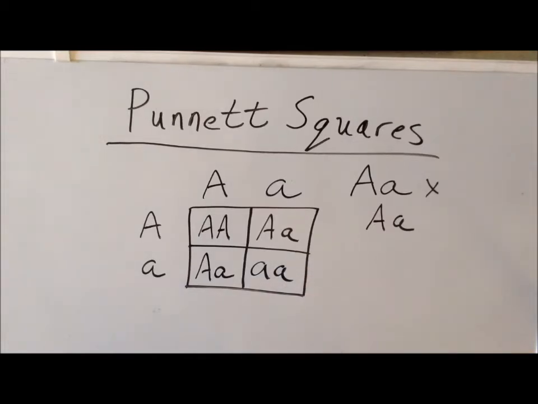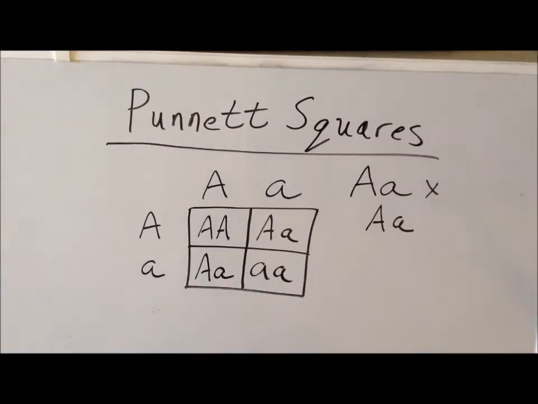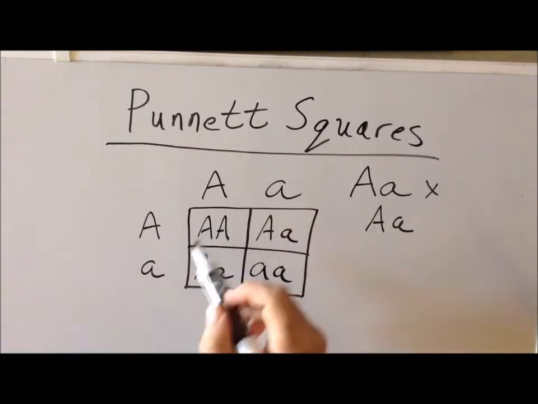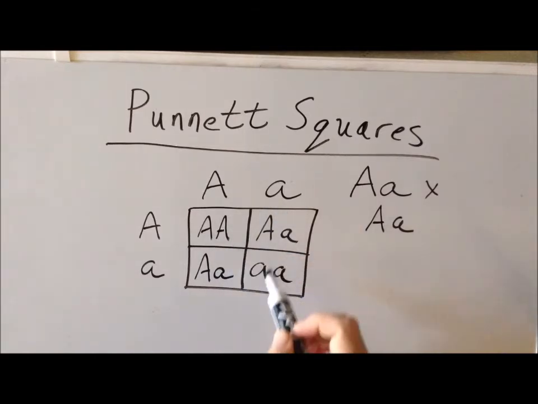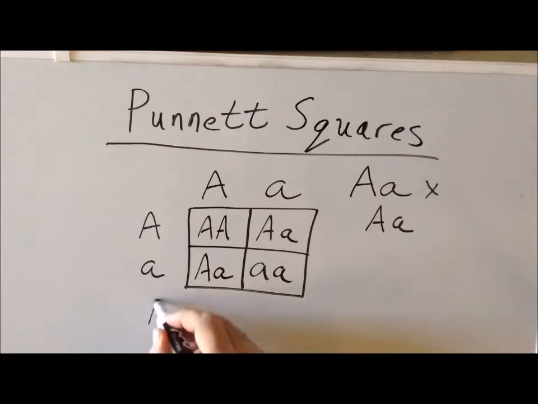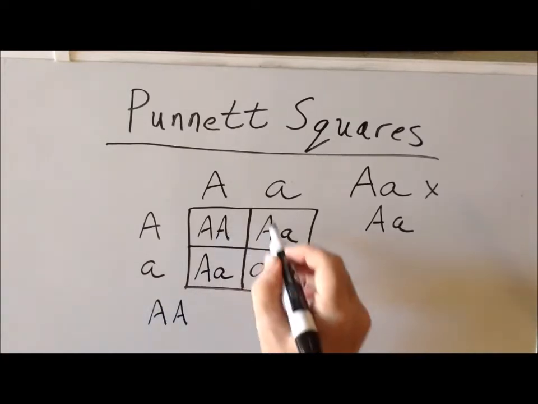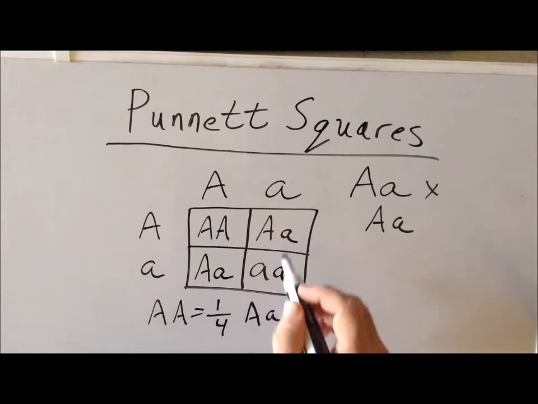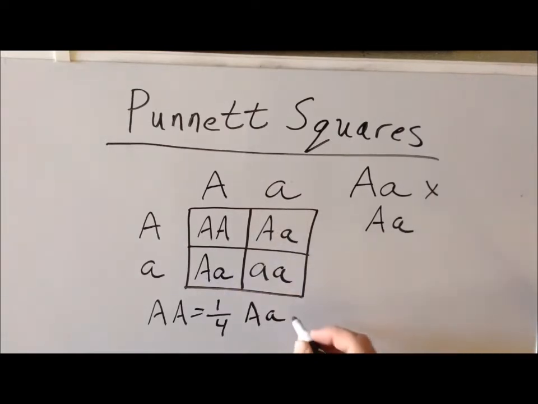There are a couple different ways to interpret the results that we get here. The probabilities are proportional to the number of boxes in this case. So the likelihood of having AA is 1 out of the 4 boxes, so that probability is 1/4. The probability of having large A, small a, we see that we have 2 boxes out of 4, so the probability is 2 out of 4.